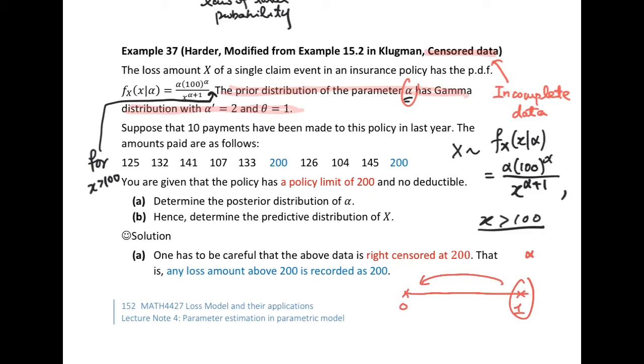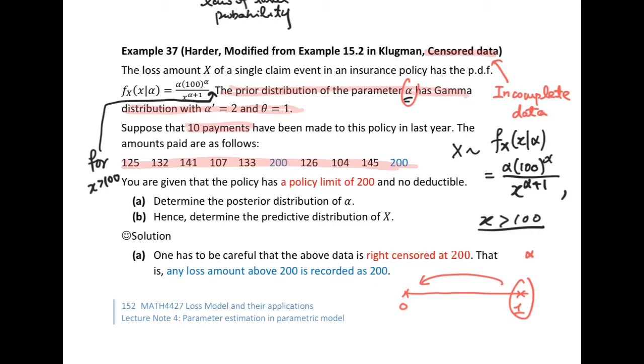Let's suppose that in the past year there were altogether 10 claim payments made by the insurance company, and the amounts are given as follows. These 10 numbers refer to the amount of the payment paid by the insurance company.